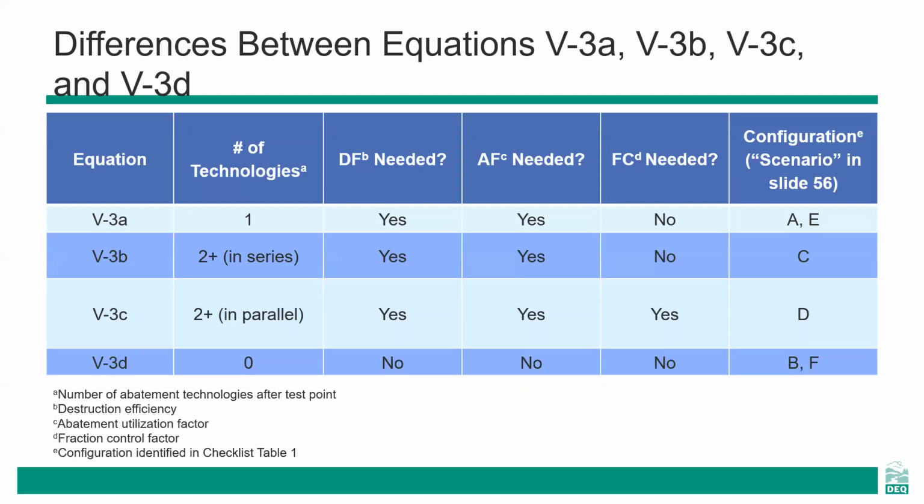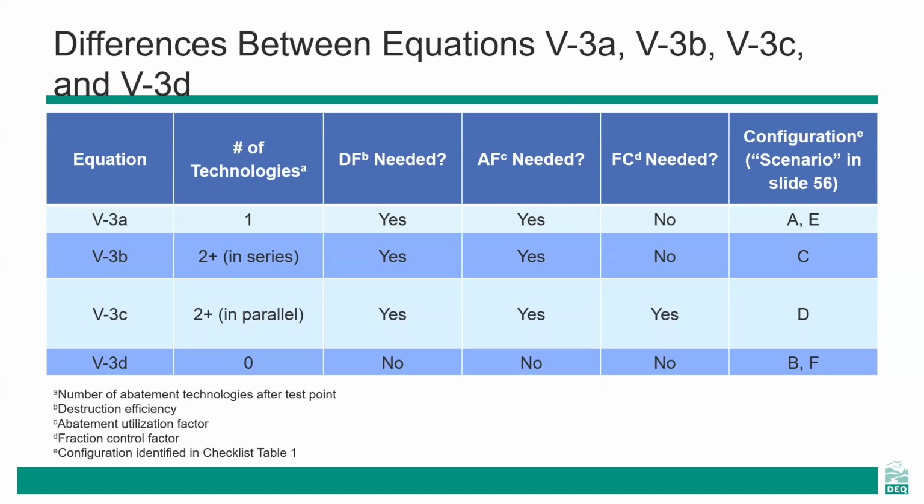Equation V3A is for one abatement technology after test location. Equation V3B is for 2+ abatement technologies in series after the test location. Equation V3C is for 2 or more abatement technologies in parallel after the test location. And V3D is for no abatement technologies after the test location.